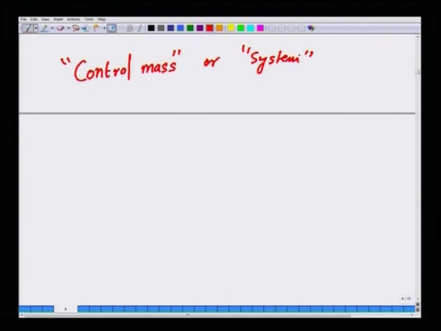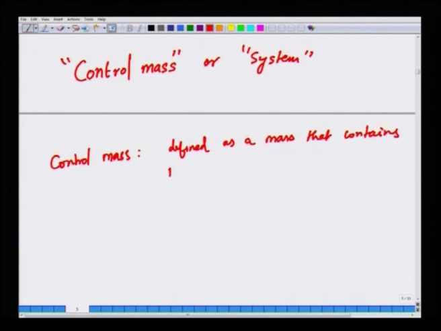A control mass is defined as a mass that contains the same set of fluid particles at all times.